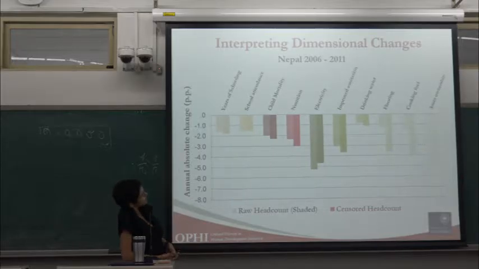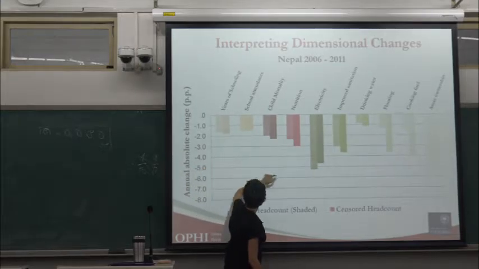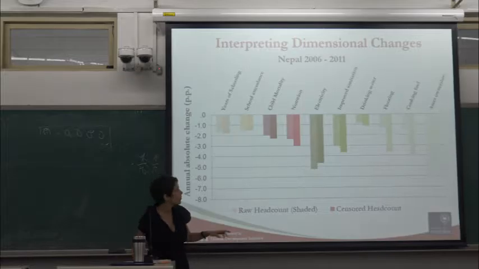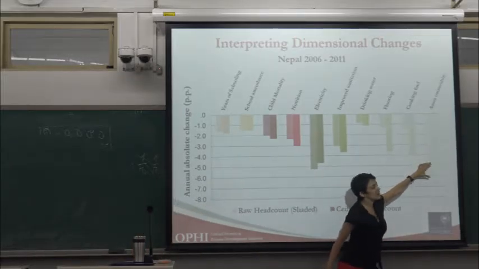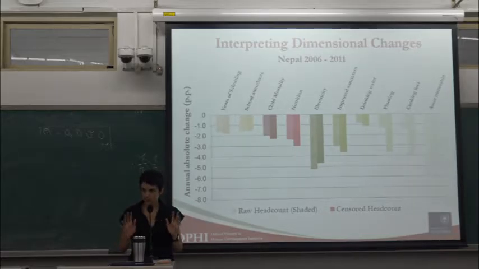It's easy. Assets, I would say, and electricity. This is the absolute, so it's minus 0.5 percentage points and 4.5 for both. Here, assets is a bit different. So, can we see all this?